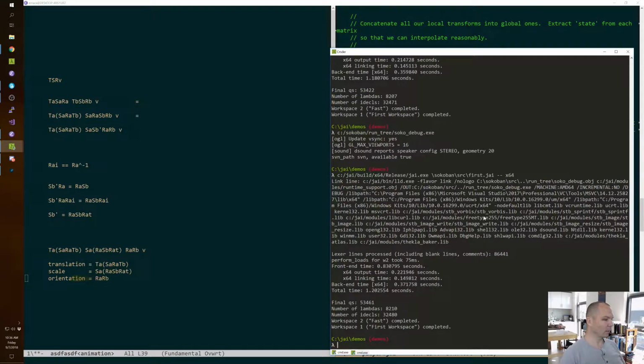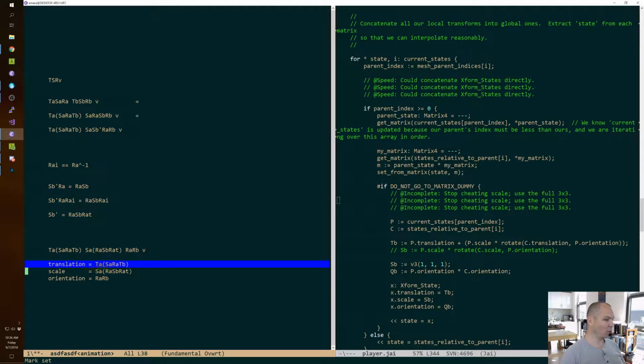Well, we're already doing most of this. So we're already doing this part, I think, correctly, and we're already doing this part. The one that we don't have is the scale.